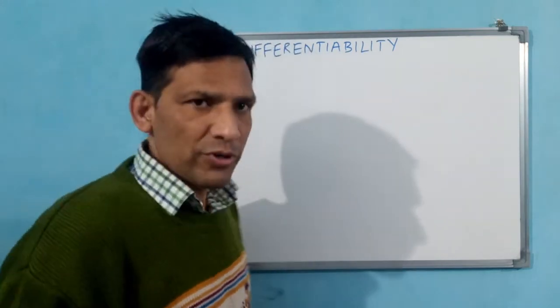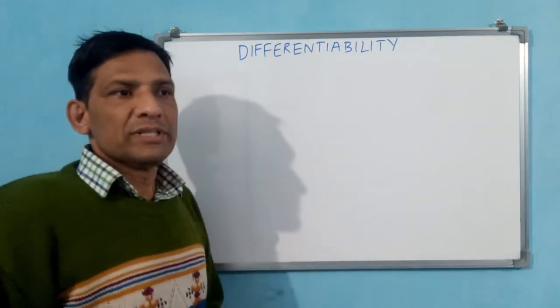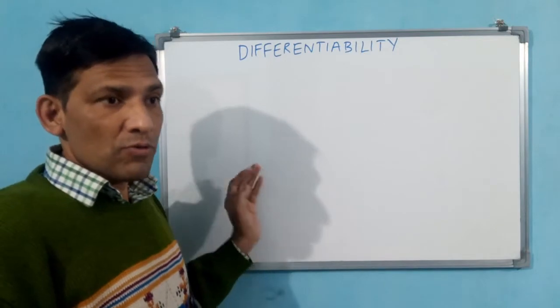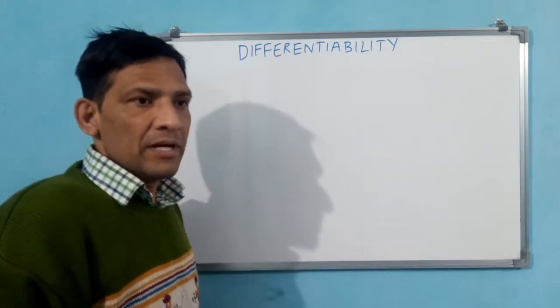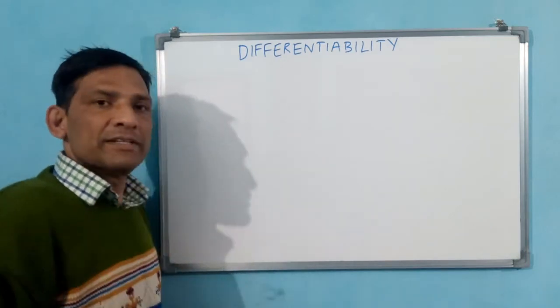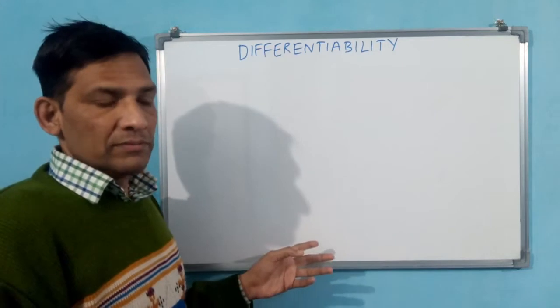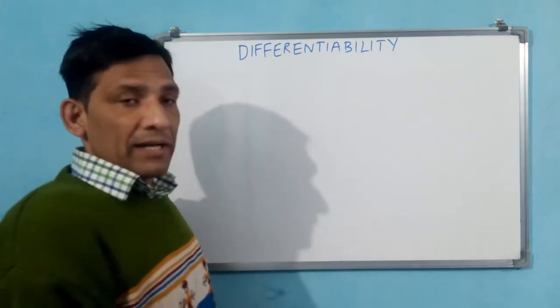Limits and continuity we know, but I will write again limit, continuity and differentiability. Why? Because before going to differentiability itself, we have to write derivative. Derivative has been done in class 11 only, in limits and derivatives. And in class 12 again we have done continuity. Okay, see, I'm going to write what all those are.